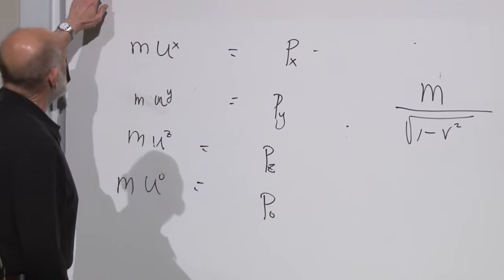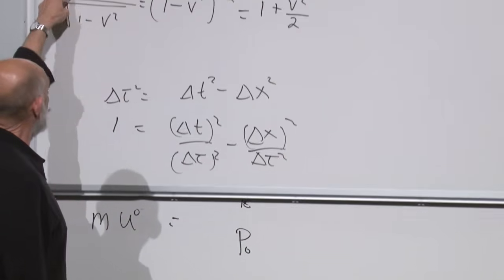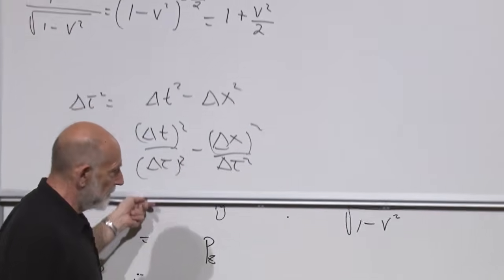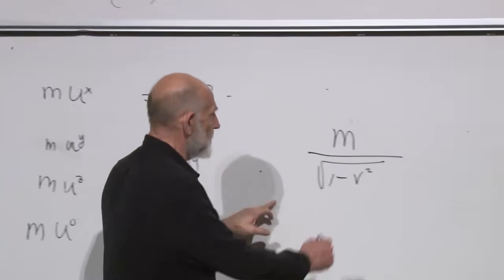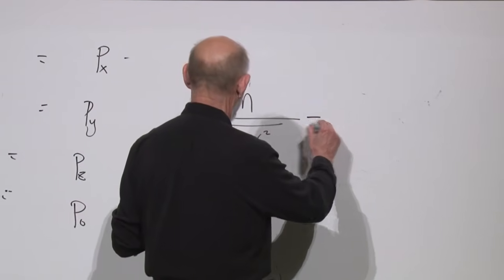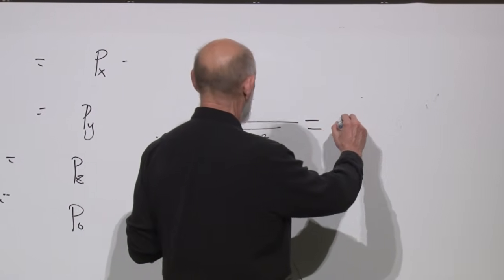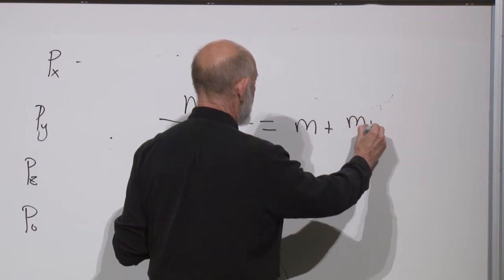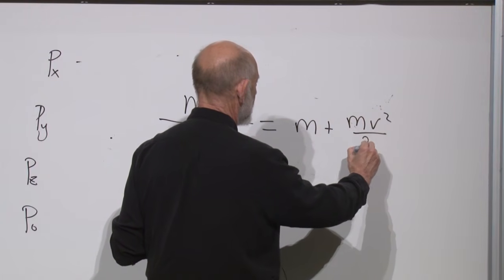Here's the binomial theorem for 1 divided by the square root of 1 minus v squared, and it gives us 1 plus v squared over 2. So this becomes m plus m v squared over 2.